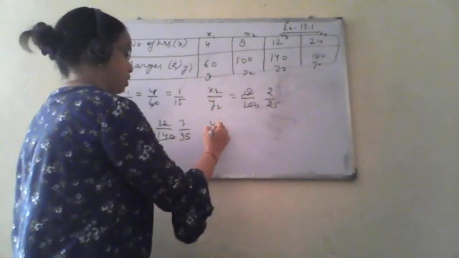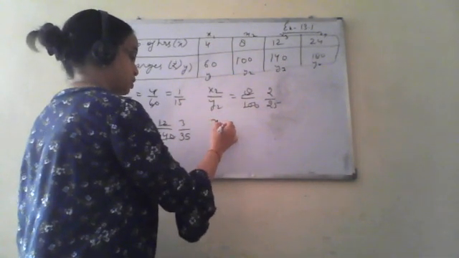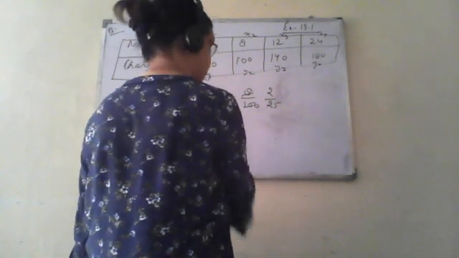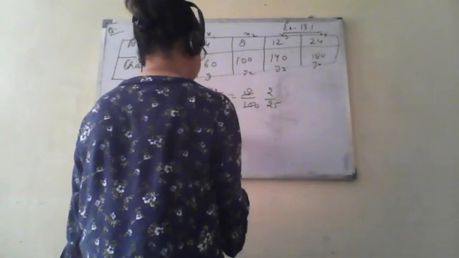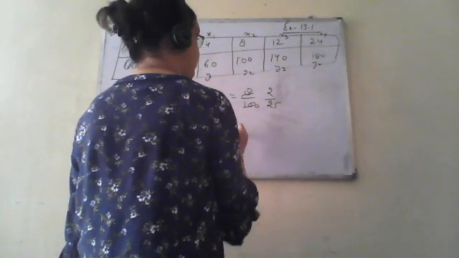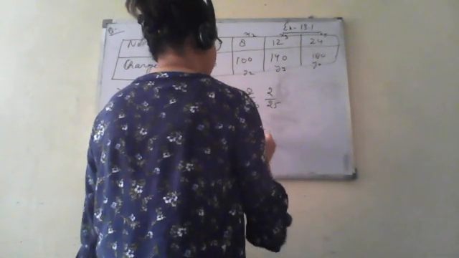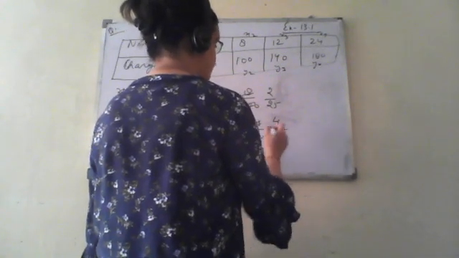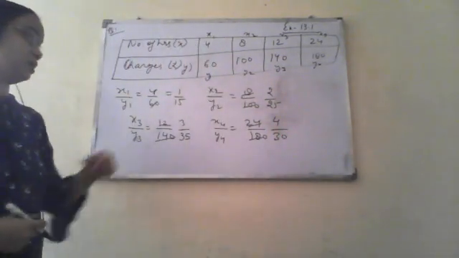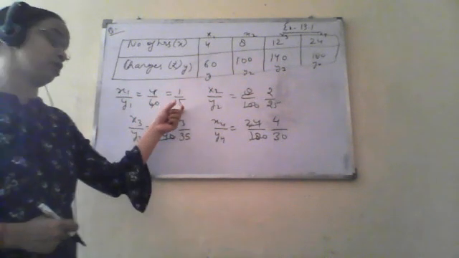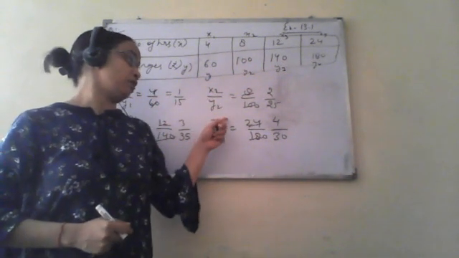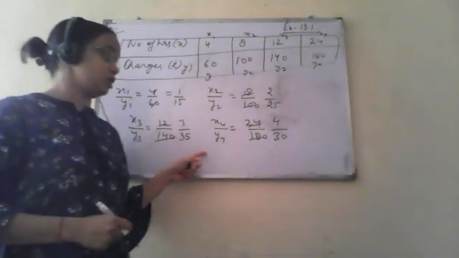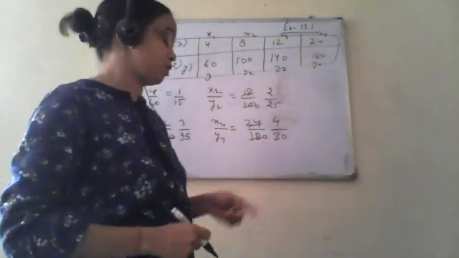Yes, and x4 upon y4. We have 24 upon 180, that is 6 fours are and 6 thirties are. So we are seeing that x1 upon y1 is 1 upon 15, x2 upon y2 is 2 upon 25, x3 upon y3 is 3 upon 35, x4 upon y4 is 4 upon 30.